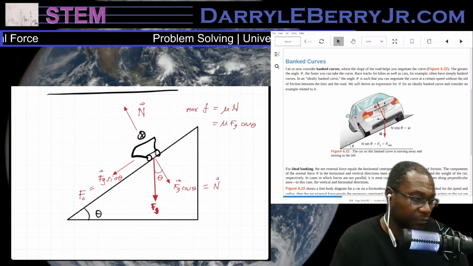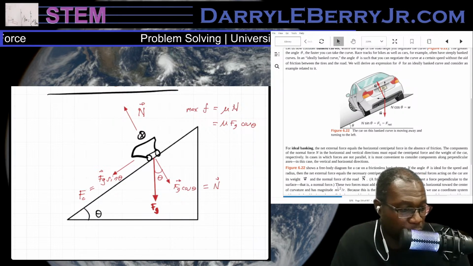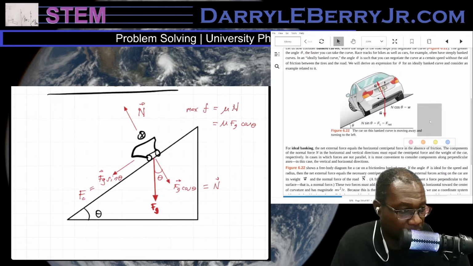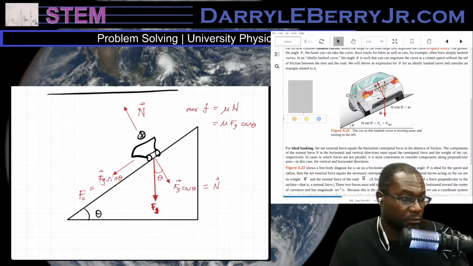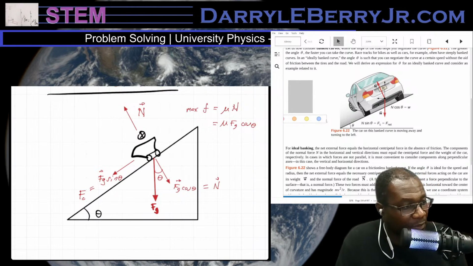It's interesting. For the ideal banking, the net external force equals the horizontal centripetal force in the absence of friction. That's why they do that.